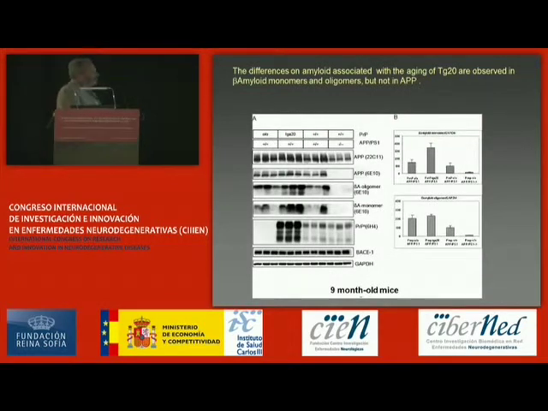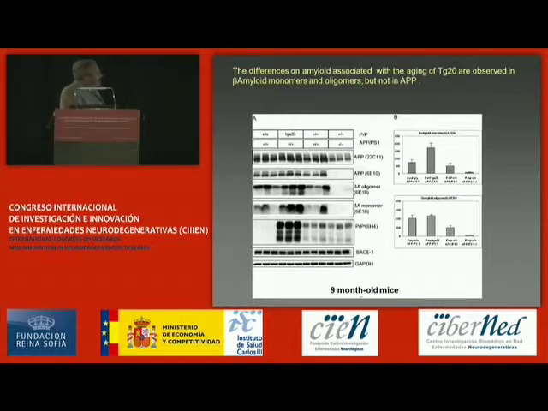To confirm this data, we used different antibodies. We checked that the APP transgene is not sensitively modified along aging. The control obviously doesn't have the expression of the transgene.